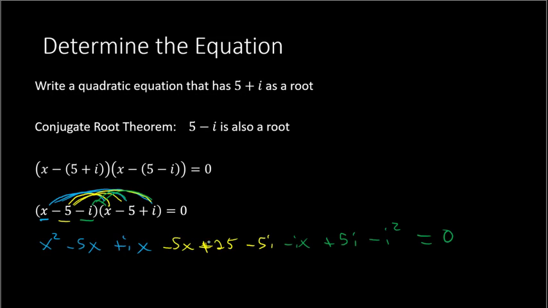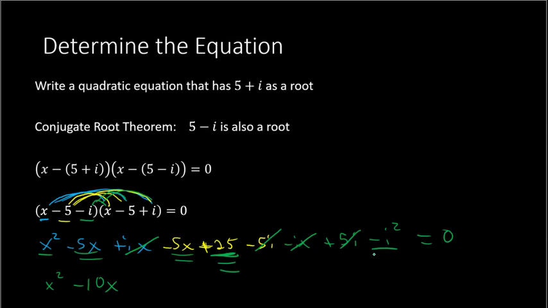All right, so now this looks kind of like a mess, but a lot of this would cancel out. Notice the ix with the negative ix, those cancel. Negative 5i plus 5i, those cancel. So we have x squared in the front. Negative 5x minus 5x combine to get negative 10x. Then we have plus 25.